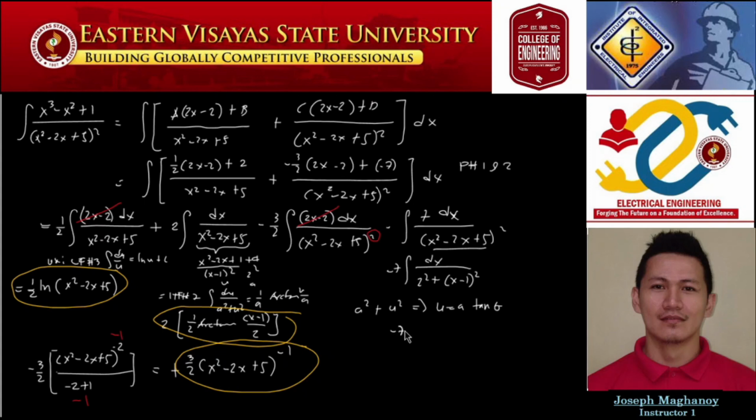Negative 7 dx, we replace with the trigonometric substitution. So 2 squared becomes 4. Then x minus 1 squared we replace with a tangent theta. What is our a? That is 2, squared tangent theta squared.